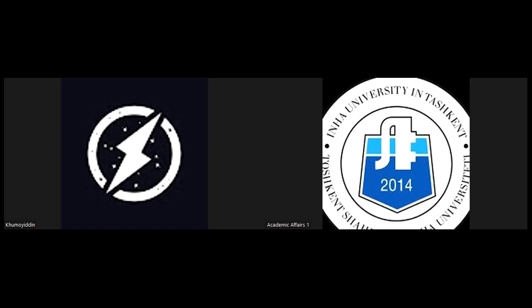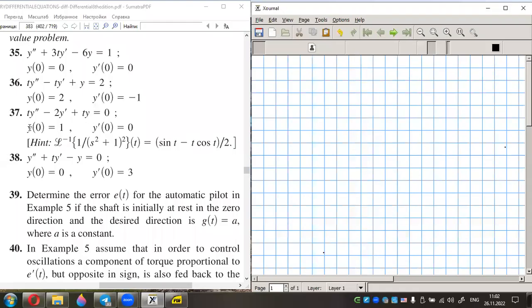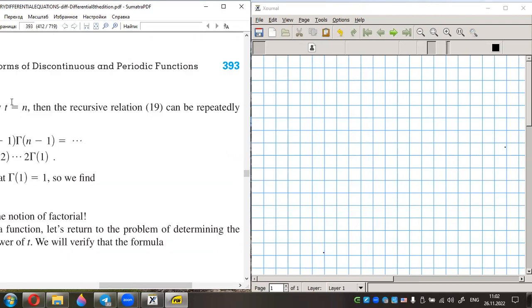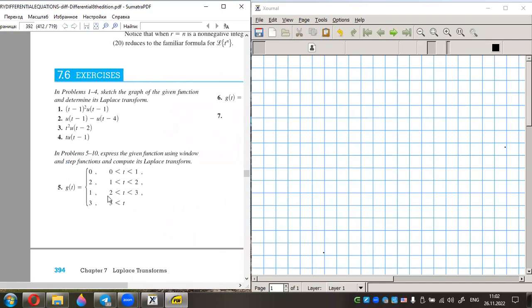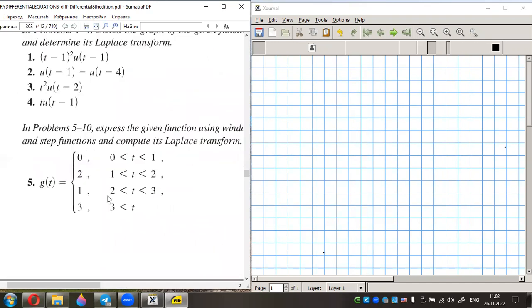Okay, today we will start from page 393. And here we will solve, for example, the first problem.